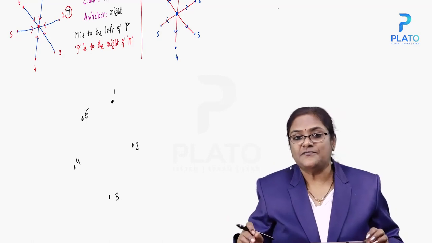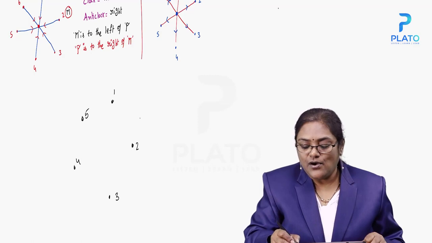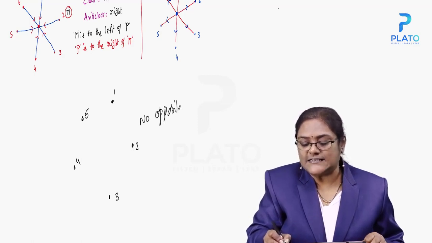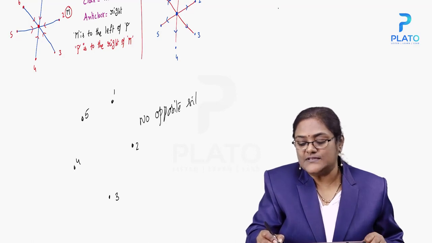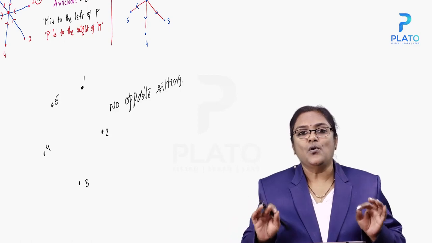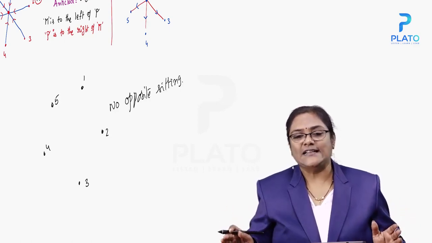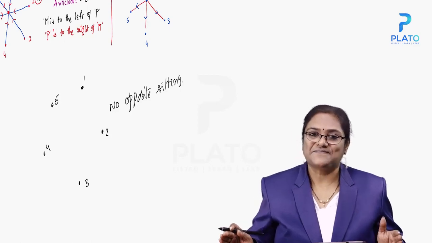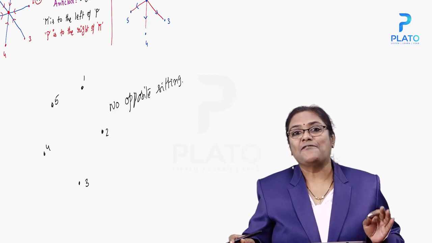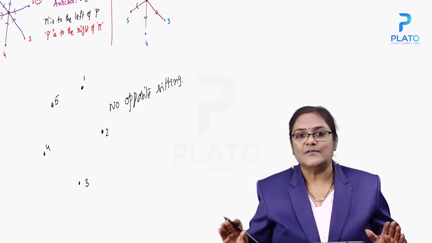So dear friends, whenever there is an odd number, there will not be opposite pairs, no opposite sitting. Just keep this point in mind. No one is opposite to any other one. There will be only two possibilities, either right or left. So opposites are not possible. When there is an odd number like 5 or 7 or 9, there will be no opposite person.